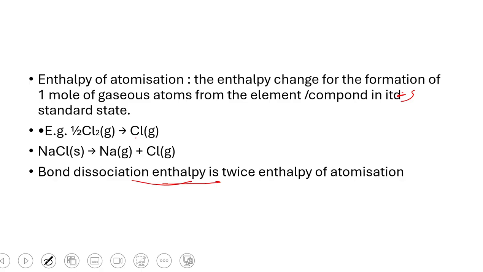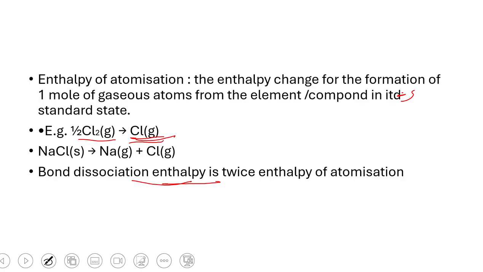So you have to form 1 mole of the gaseous atom from its elements. So this is the element of chlorine in standard states, and you change it to 1 mole of its gaseous atom.